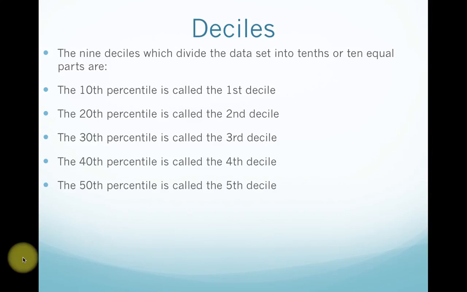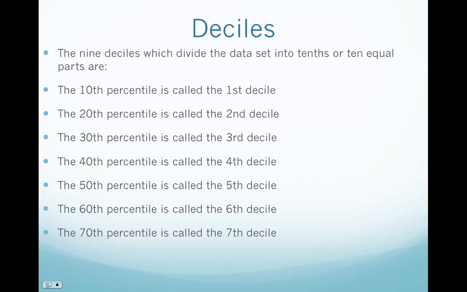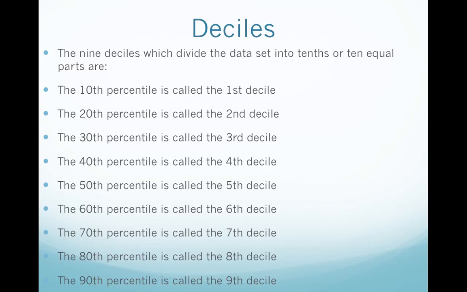This is right in the center of the distribution. 50th percentile means 50% of the data values fall below whatever data value that is, and another 50% of the data values fall above it. The 60th percentile is the 6th decile, the 70th percentile is the 7th decile, the 80th percentile is the 8th decile, and the 90th percentile is the 9th decile.